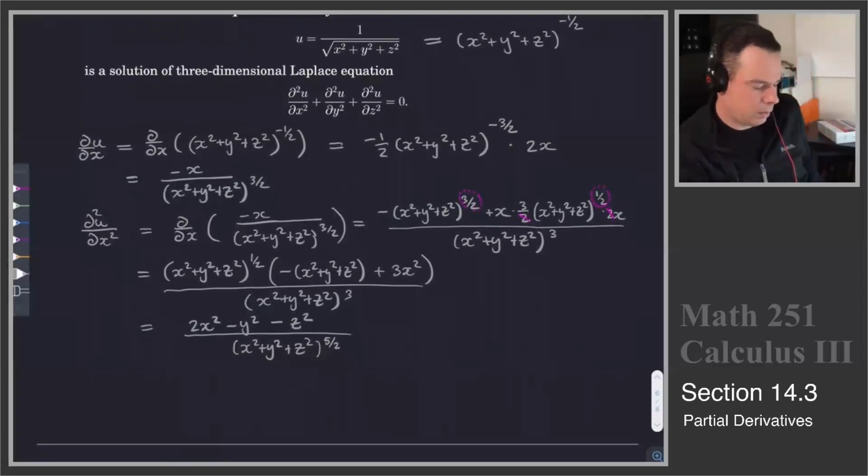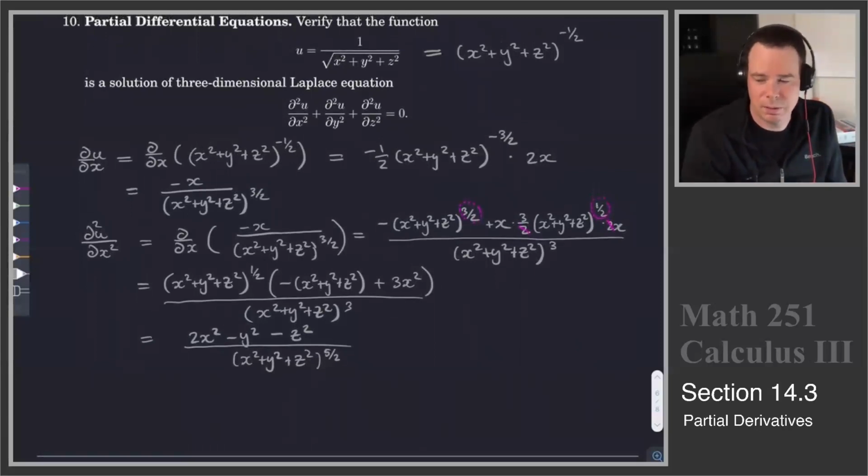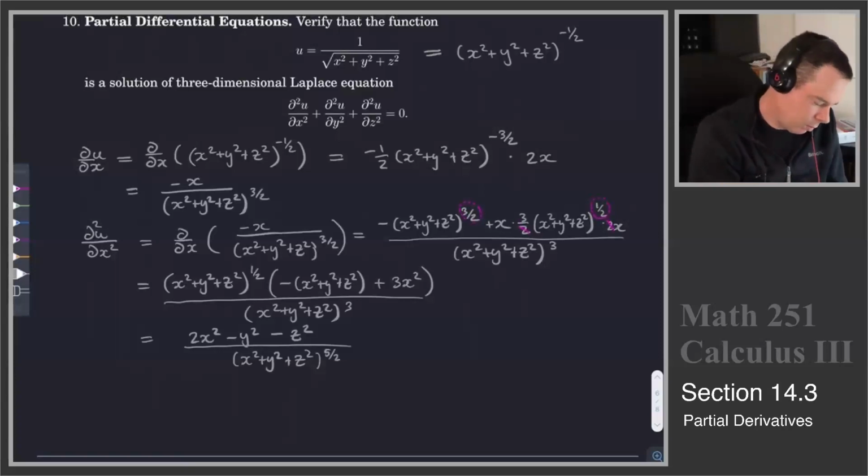Now, you'll notice that there's really a lot of symmetry here. If I do the calculation for the y partial, so the second partial derivative with respect to y, basically everything's going to be the same, except I've just switched the role of x and y, due to symmetry of the original function, x squared plus y squared plus z squared. So we don't have to go through the calculation.